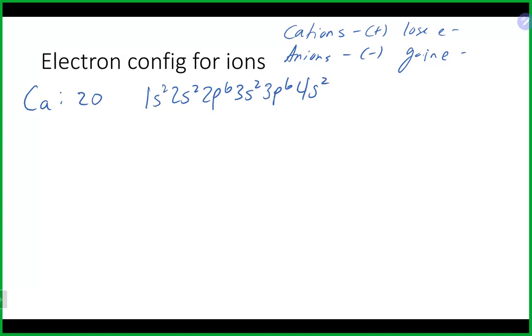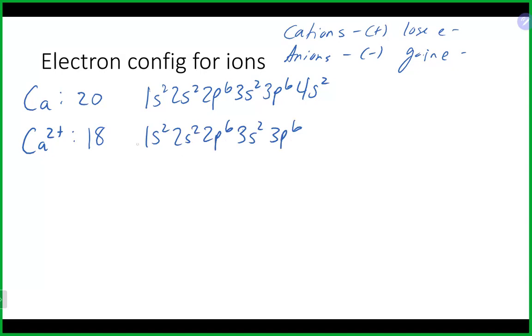Calcium is group number 2, which means it will form a +2 charge. So when calcium forms a +2 charge, it will actually have 2 fewer electrons and have 18 electrons. Because of that, its configuration would be 1s2, 2s2, 2p6, 3s2, 3p6.